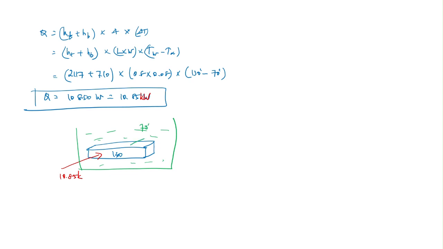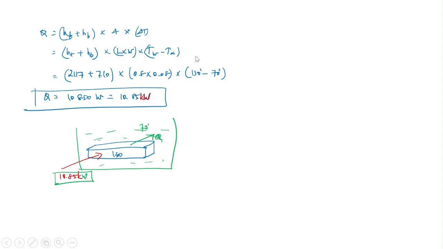Some amount of heat is lost to the water. So 10.85 kilowatt of heat is necessary to maintain the plate temperature of 130 when it is kept in 70 degree Celsius water. Okay, thank you.